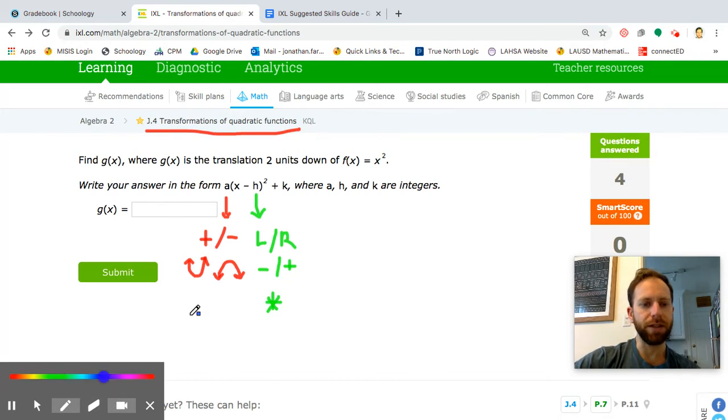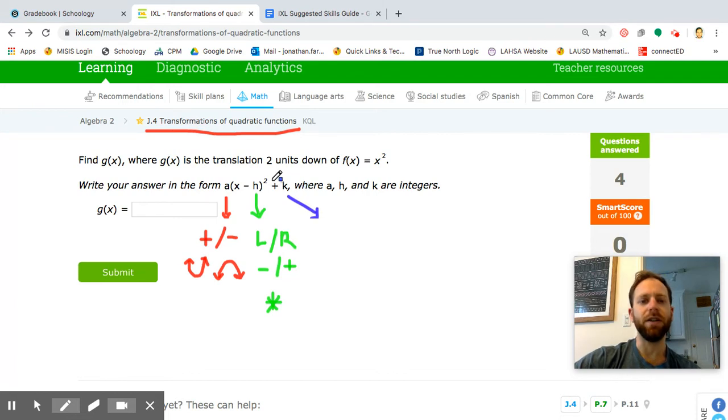Last but not least, the k, since you're just adding it on at the end, it's just moving it up or down. So this moves it up or down. And as you could probably guess, up would be positive and down would be negative.